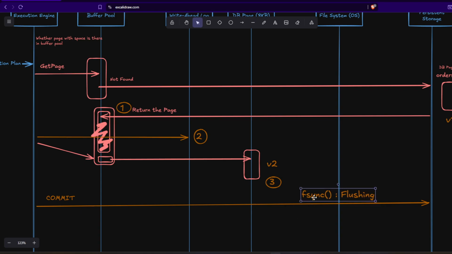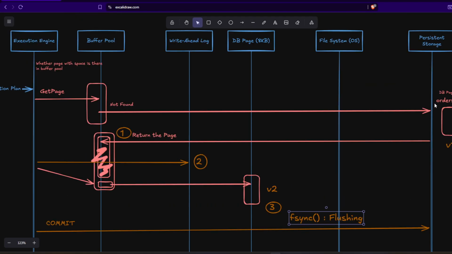It tells that all the records that are in the WAL and all the pages that are marked as dirty, at this particular time I am going to flush all the changes to my persistent storage. So Fsync guarantees that the data reaches the disk platter or the SSD controller, whatever you are using.